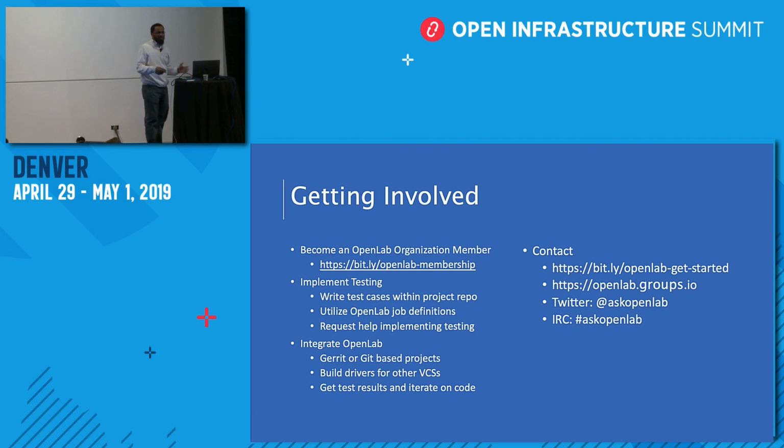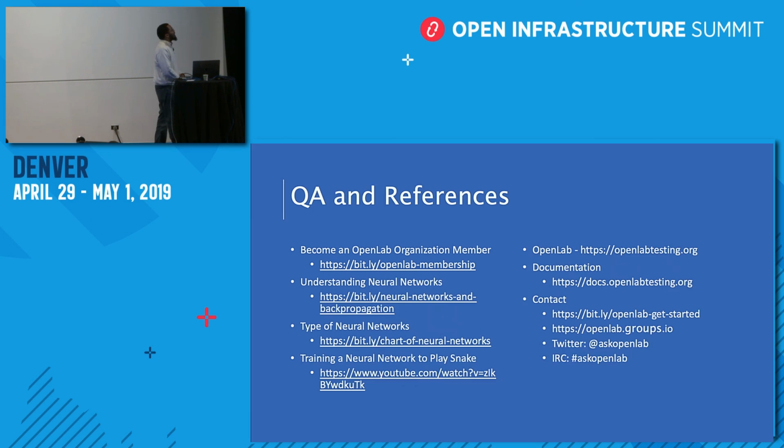There's no license, nothing to sign or anything like that. Like I said, you can write test cases or you can integrate OpenLab. Maybe you know of an open source project that could use the benefit of CI/CD from someone like OpenLab. And then there's all of our contact information on the right-hand side there.